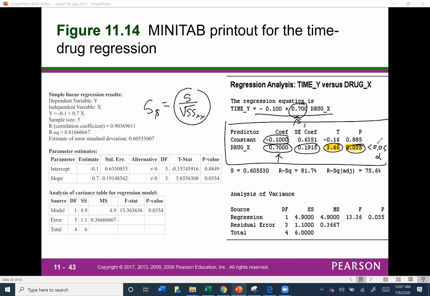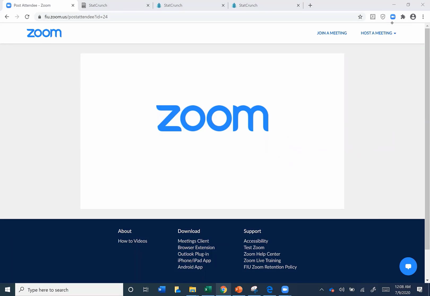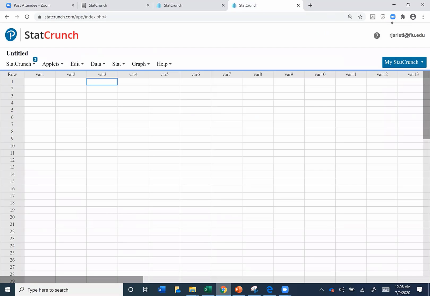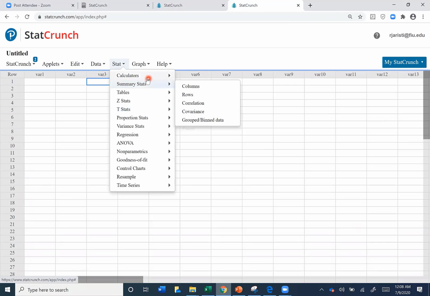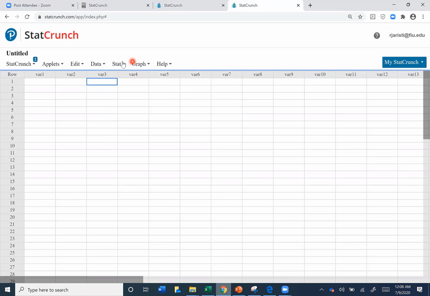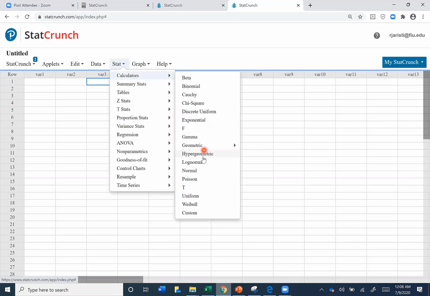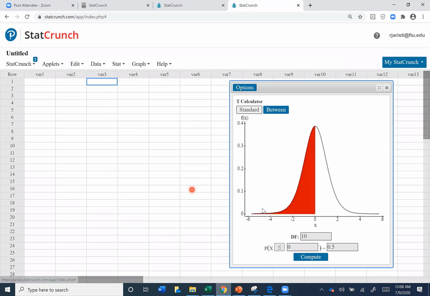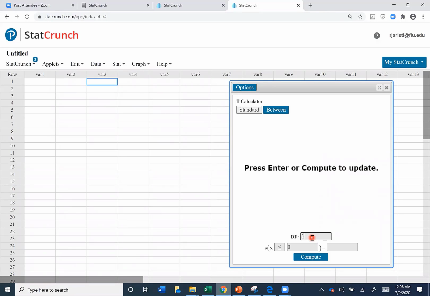We can obtain this p-value using StatCrunch. You have to go to StatCrunch, then go to Stat, go to Calculator, t-distribution. You enter here the degrees of freedom, in this case 3, and your evidence was 3.6533.